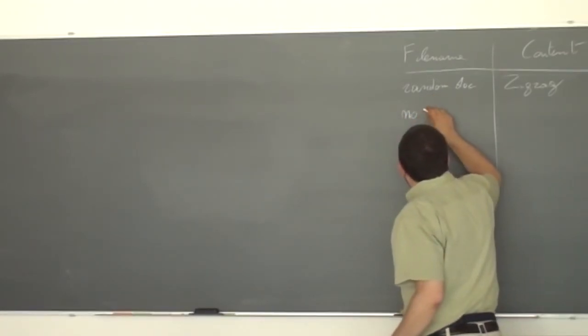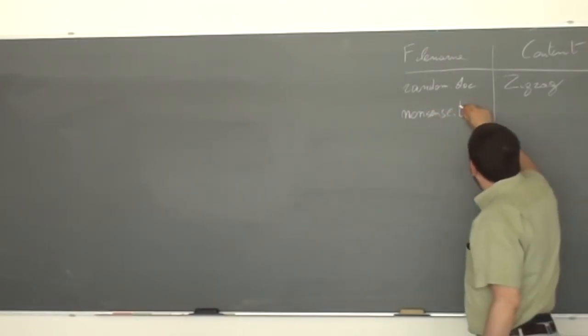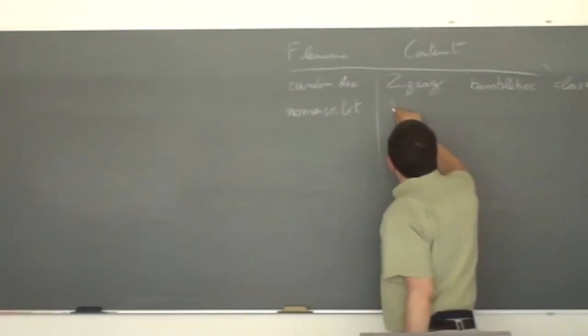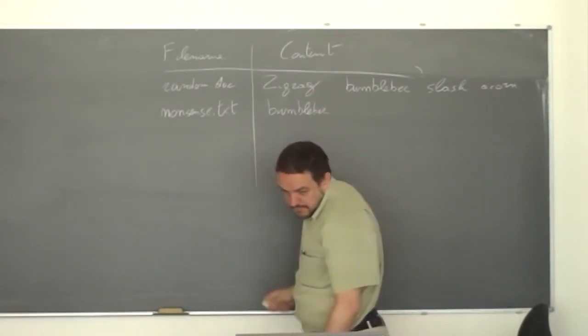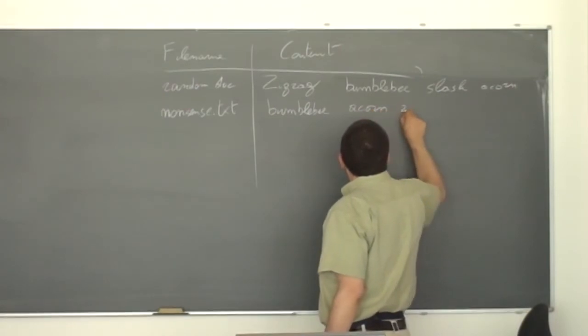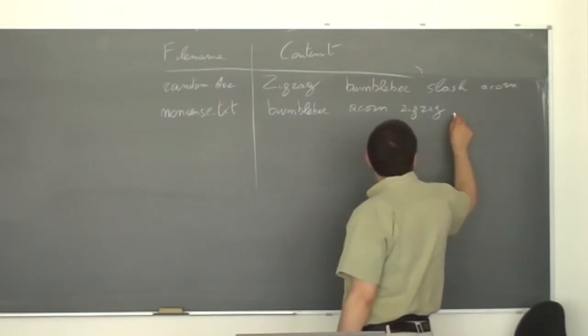The second file is called nonsense.txt, and it contains the words bumblebee, acorn, zigzag, slash.